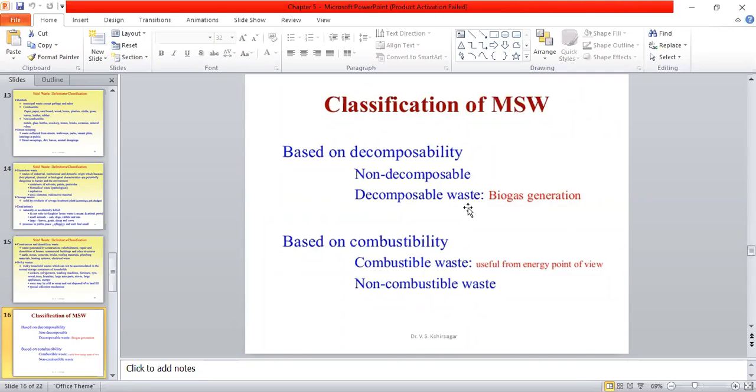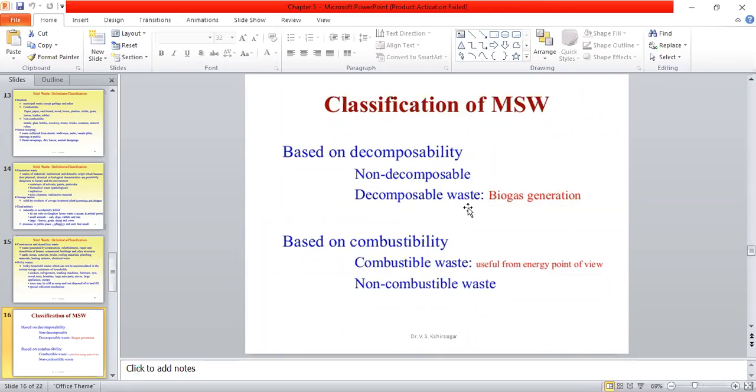Under decomposable waste, we can go for controlled decomposition. Why should we go for controlled decomposition? Whether you control it or not, it will decompose. Maybe the rate of decomposition will change, but it will decompose. And when it is decomposing, it will release odorous gases, which contribute to air pollution.